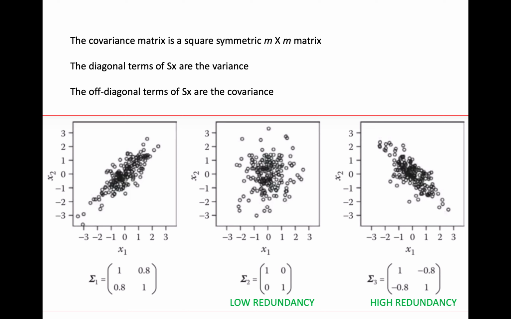So we have a covariance matrix that is symmetrical, and it has diagonal terms and it has off-diagonal terms. The diagonal terms are those that go down the diagonal, and off-diagonal are in those two triangles to the sides of that diagonal line.